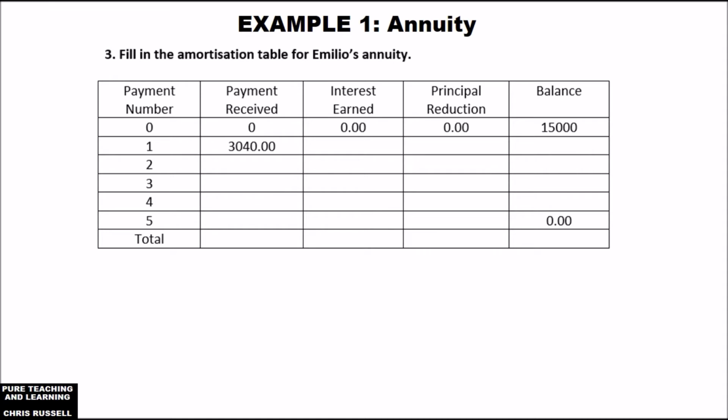So now we have to fill in the table, and to do that we have to remember one thing, the interest rate per payment, which is 0.5% per month.